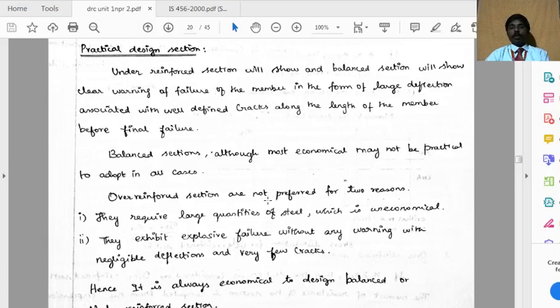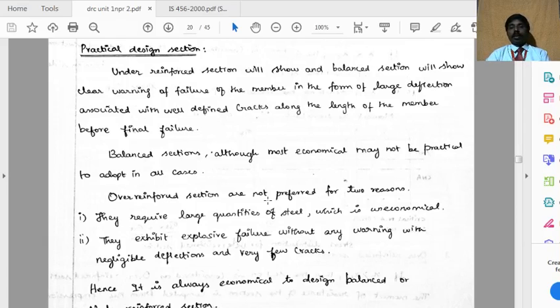But in an over-reinforced section, the section will fail without any warning and exhibit explosive failure with negligible deflection, so we don't prefer over-reinforced sections in practical projects.